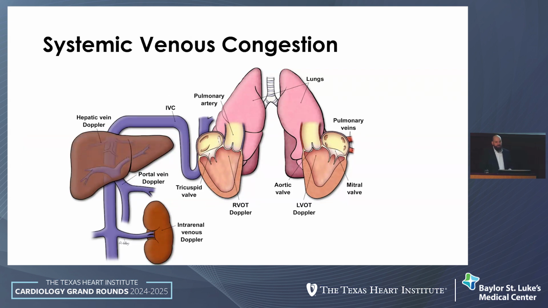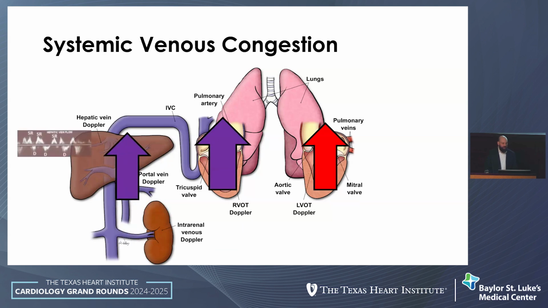We have systemic venous congestion. We see these patients all the time in the ICU. This is the patient who has bad biventricular function, bad valves, and extremely high wedges, extremely high right-sided filling pressures, and extremely abnormal hepatic veins. You can see the flow reversal that's going on here, and that's because the valve or the RV function is bad or the PA pressures are high.